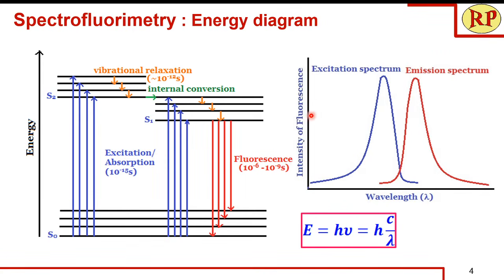And when the intensity of fluorescence is plotted as a function of excitation wavelength, that is, the wavelength at which the excitation takes place, we get the excitation spectrum. And when the intensity of fluorescence is plotted against the wavelength of emission, that is fluorescence, many lines are there. This wavelength range, when it is plotted, we get the emission spectrum.